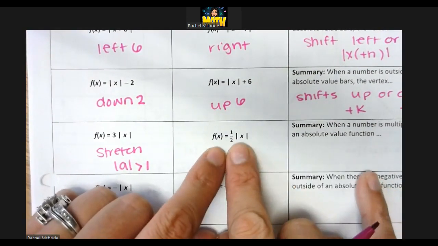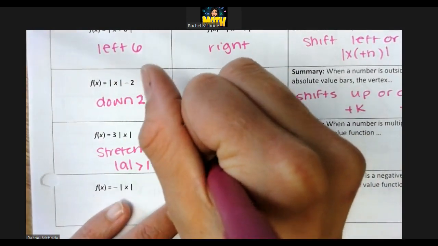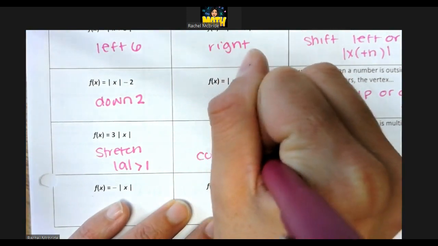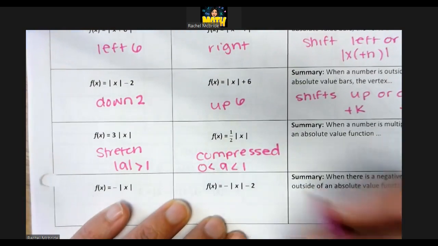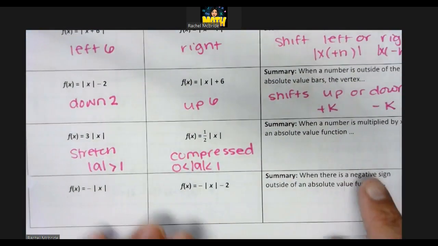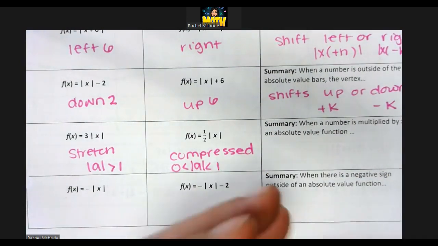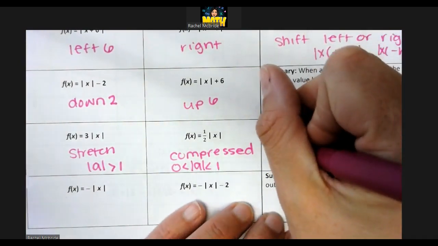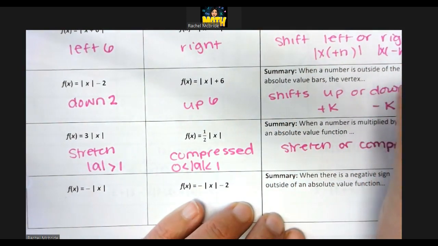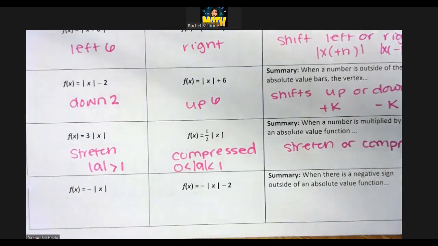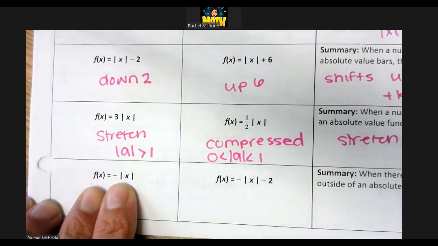Sam. The 1/2 does what? Perfect. Because my a is between 0 and 1. So when a number is multiplied by x, the absolute value function is going to stretch or compress. I don't think this is where you were asking me, but maybe. A negative. Sam, pick on someone.